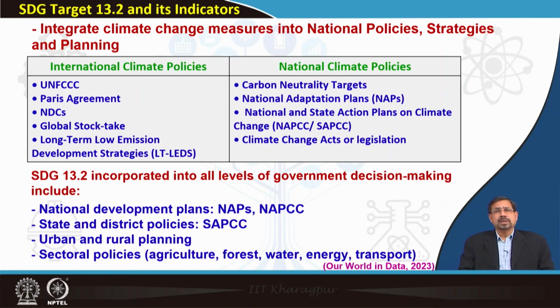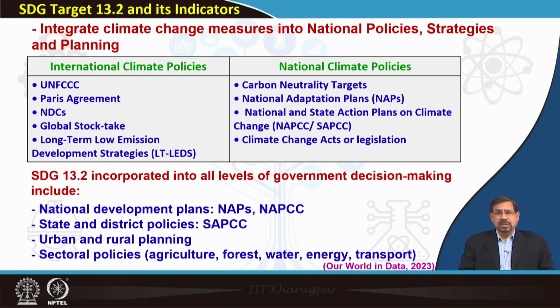National climate policies. Under this we will discuss the carbon neutrality targets, national adaptation plans NAPs, national and state action plans on climate change, NAPCC or SAPCC, and climate change acts or legislations. So, SDG 13.2 is incorporated into all levels of government decision making, that includes national development plans such as the national action plan on climate change.